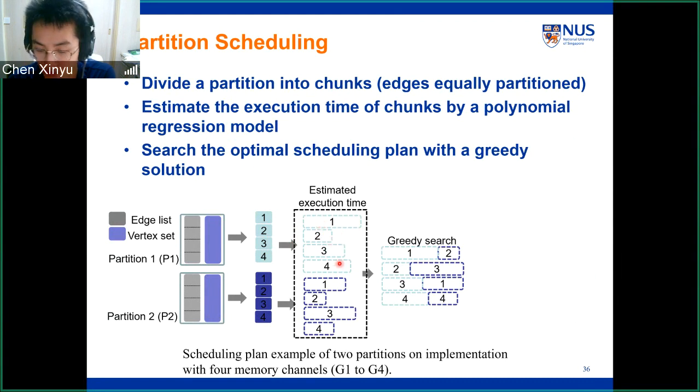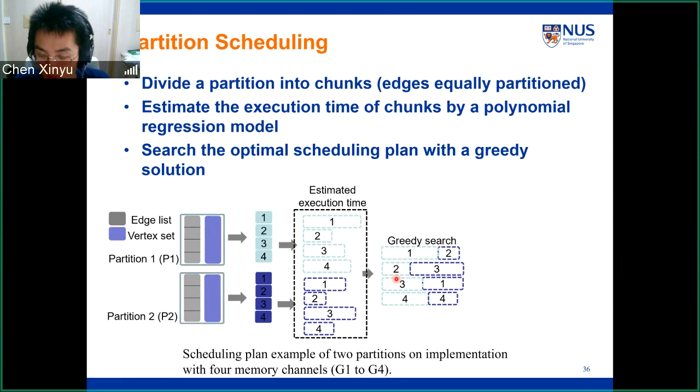So we design a regression model to predict execution time, so that we can schedule different sub-partitions to different kernel groups. Finally, we can achieve a pretty good balance. It's like a greedy search. We want the total execution time of each kernel group to be as close as possible. So this is the balancing technique.